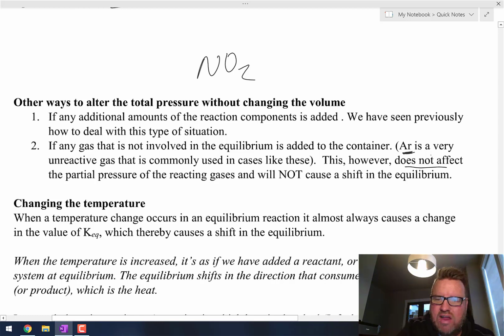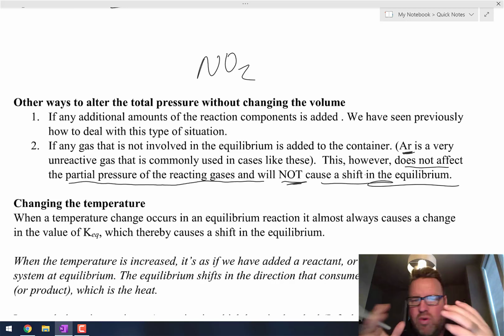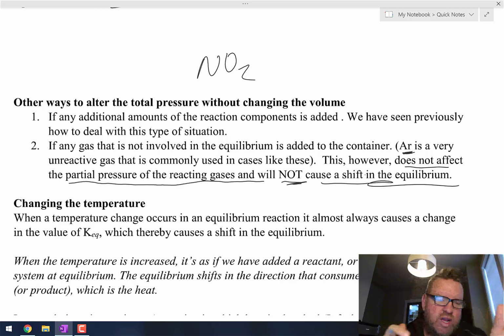It does not affect the partial pressure of the other gases and will not cause a shift in the equilibrium. So if you add a gas that's not involved, it doesn't cause a shift to occur. If you add a gas that is involved, we already talked about that, right? If you add some more N2 or some more H2 or some more NH3, then absolutely yes, it does cause a shift to occur.